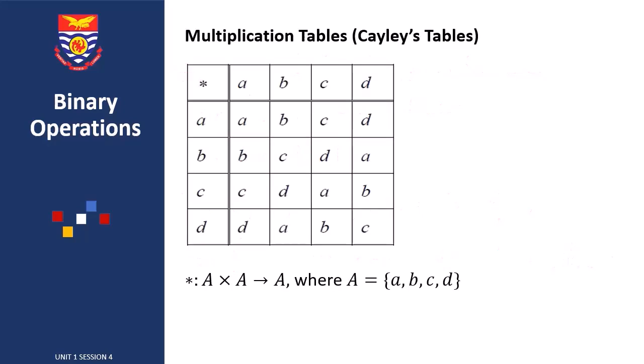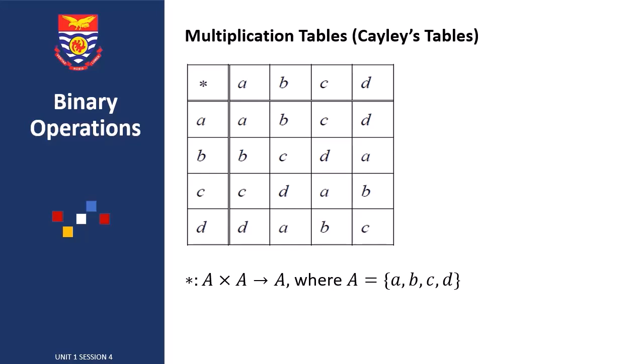Next we are looking at multiplication tables or Cayley tables. As I made mention, a binary operation on a finite set, that's a set with a limited number of elements, is often displayed in a table called a multiplication table or Cayley table.